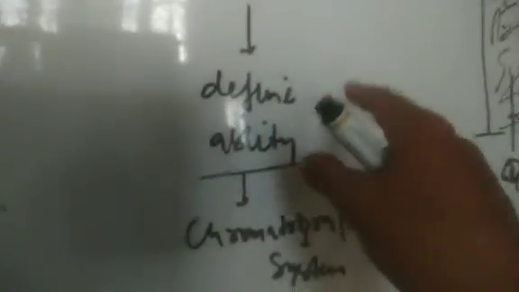So we can write down: selectivity factor is used to define the ability, the power and the capability of a chromatographic system, to distinguish, to make a difference between the sample components, that is, two chemical species in a sample. So basically the selectivity factor gives us this capability.